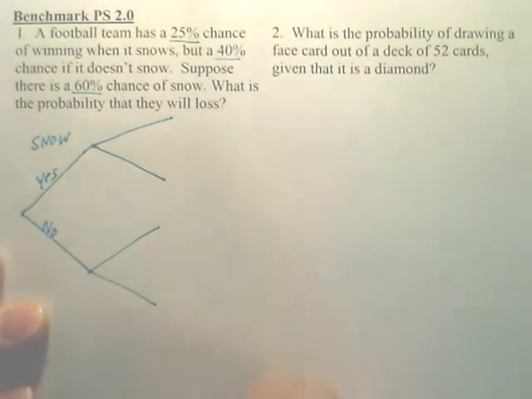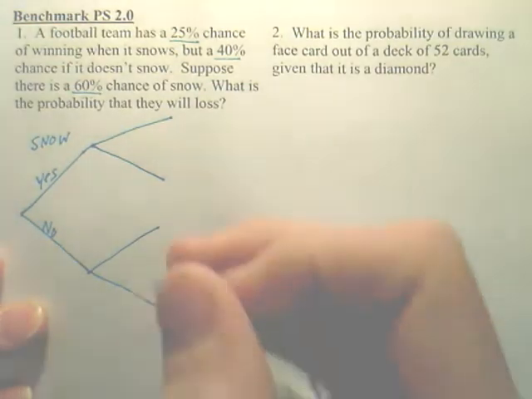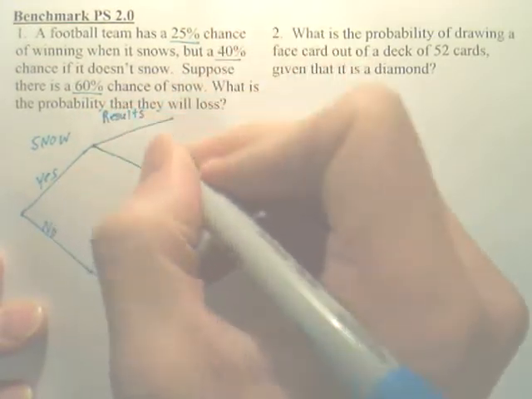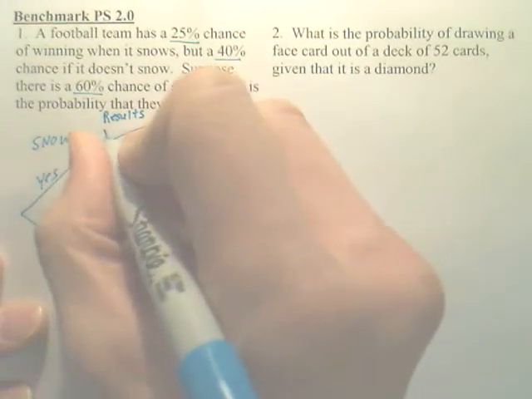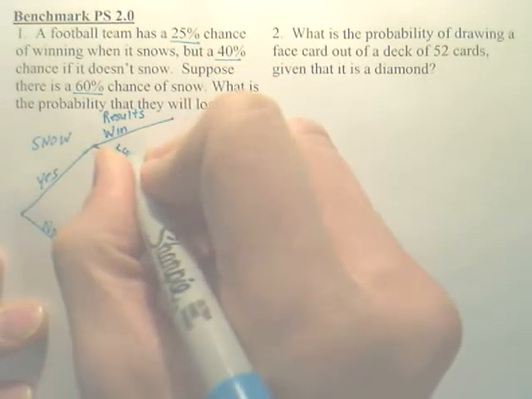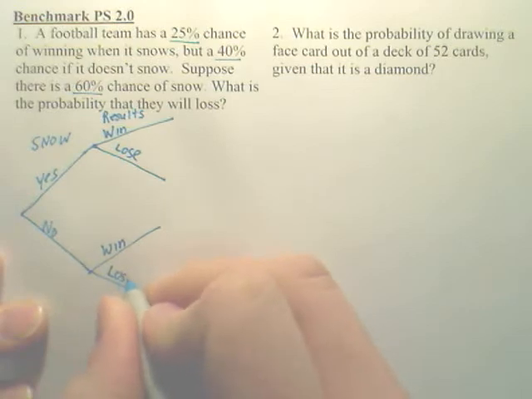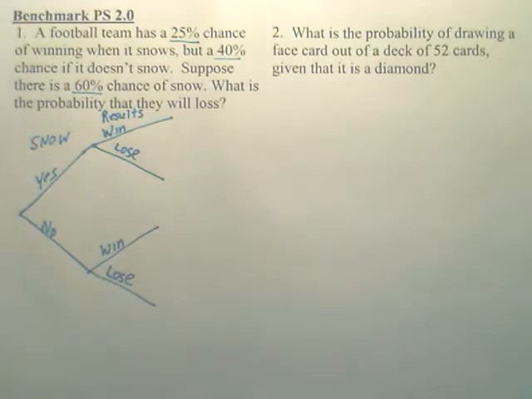Yes or no? The second event is a game, and it's what's the result of the game? Do they win or do they lose? Depending on if it snows or not, there's also a different chance of whether they will win or lose.